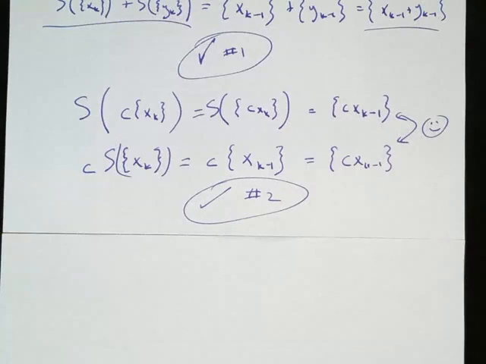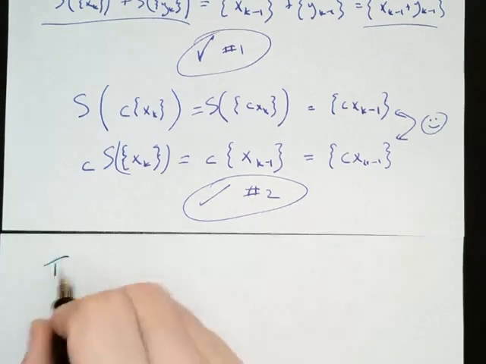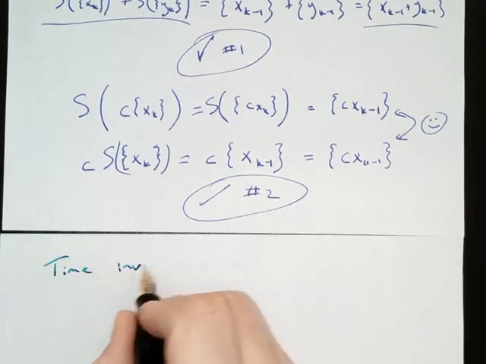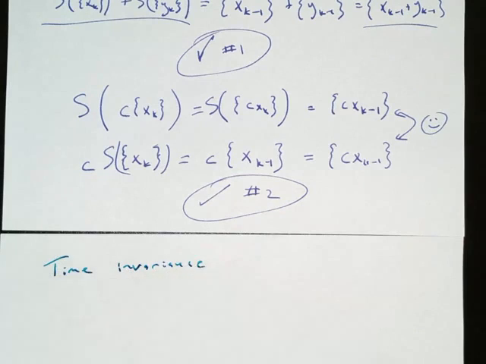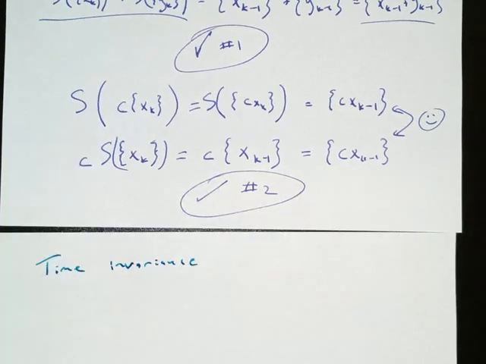But it turns out that there's another property that this shift has. This shift has what we call time invariance. And our shift is actually a measure of time invariance. It's how far we moved the signal down the road, yes?